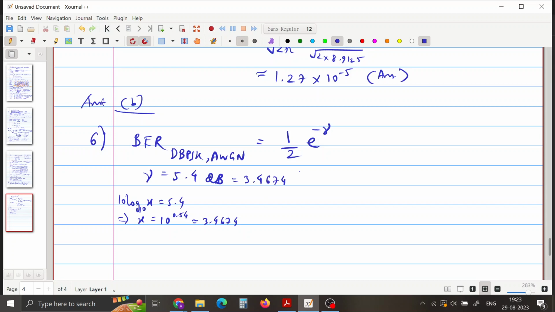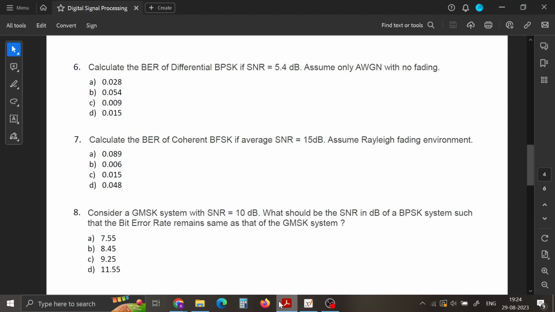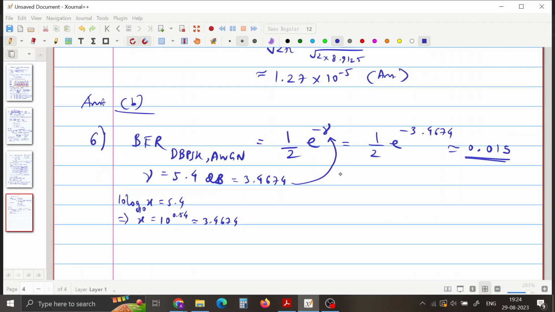You put that value here, and you get half e power minus 3.4674, which is approximately 0.015. 0.015 is our option D. So our answer is option D.